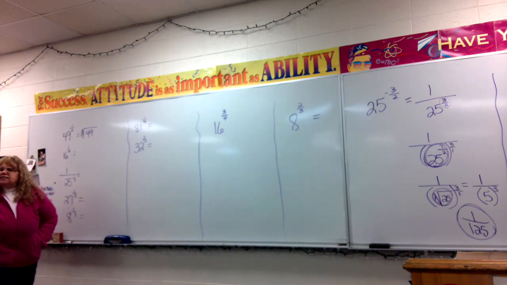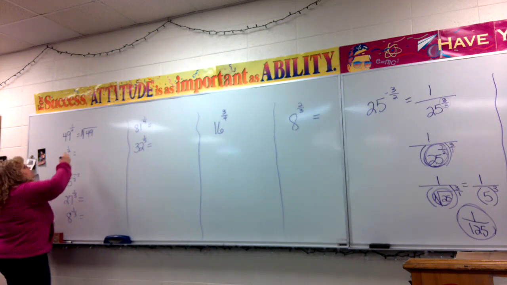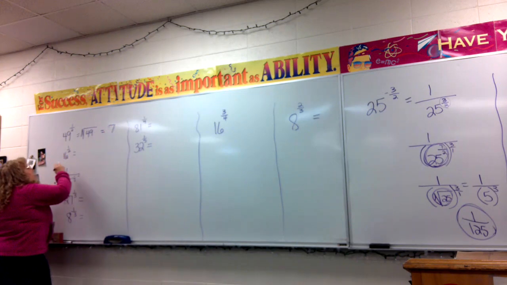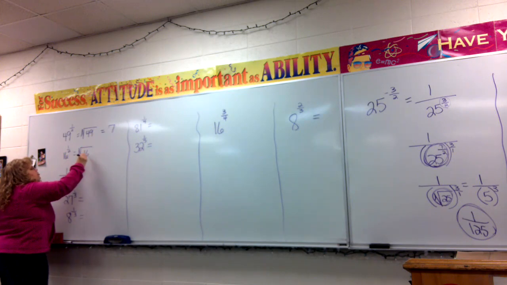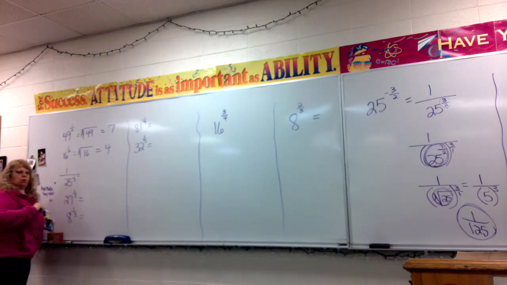Anytime you raise anything to the 1/2 power, it's square root. Well, what is square root of 49? 7. Right? 16 to the 1/2. Square root of 16, which is 4.